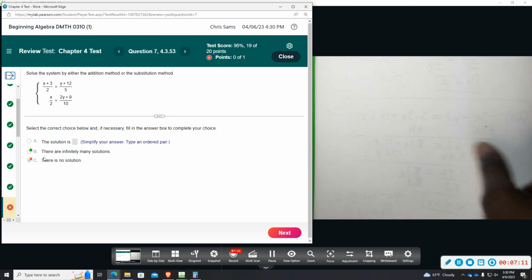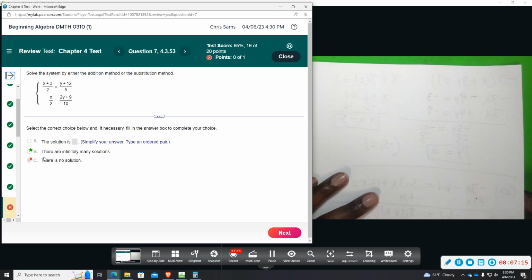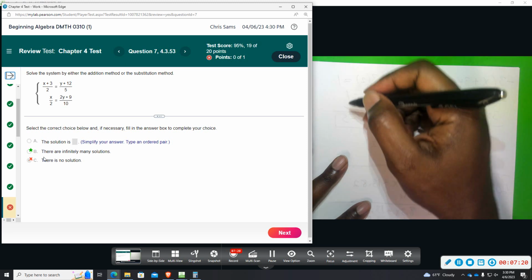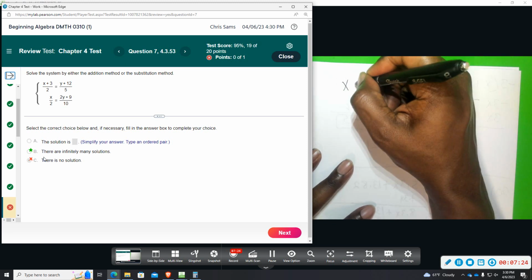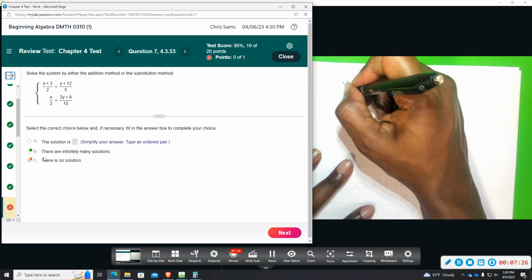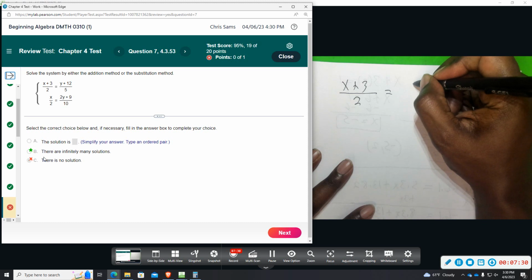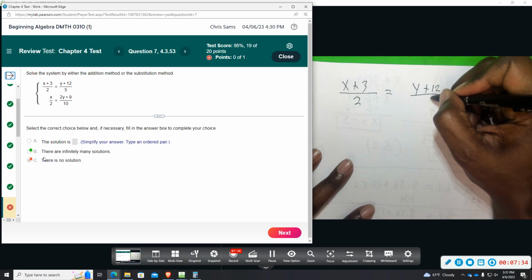I misplaced that page, so let me just go back and review that problem here. So what I did was multiply through the top equation by 10. X plus 3 over 2 equals y plus 12 over 5.